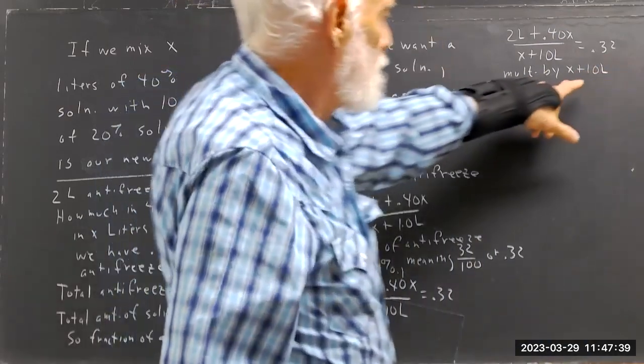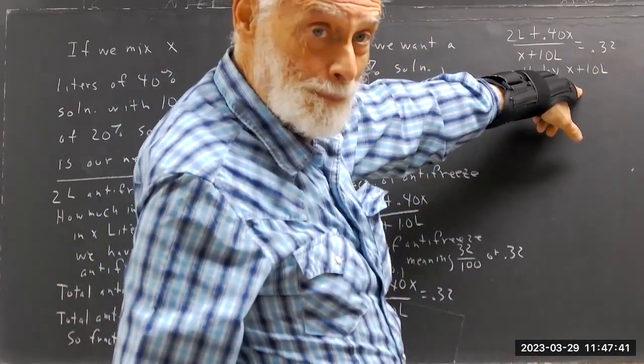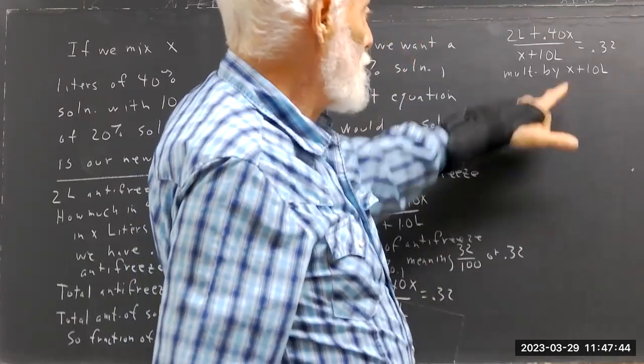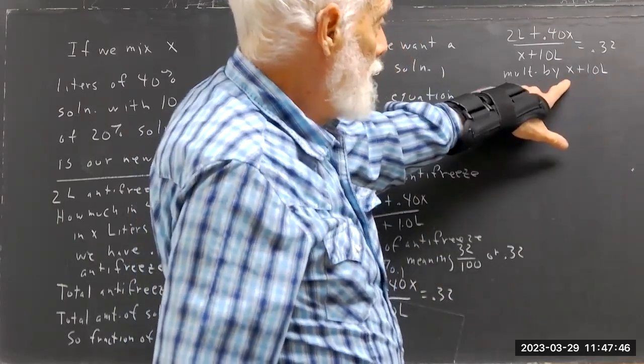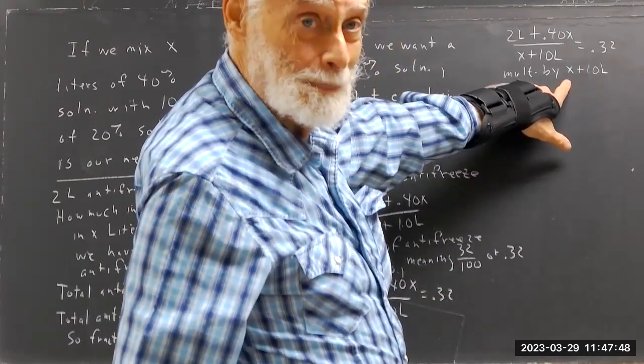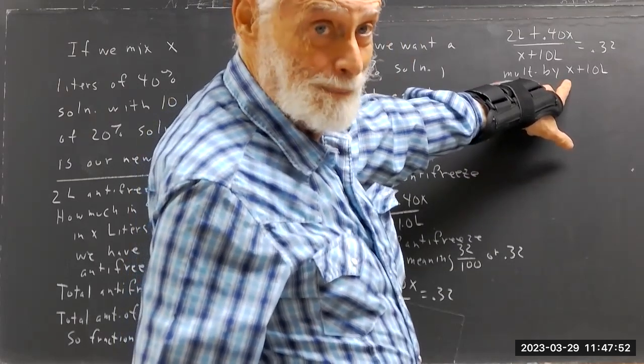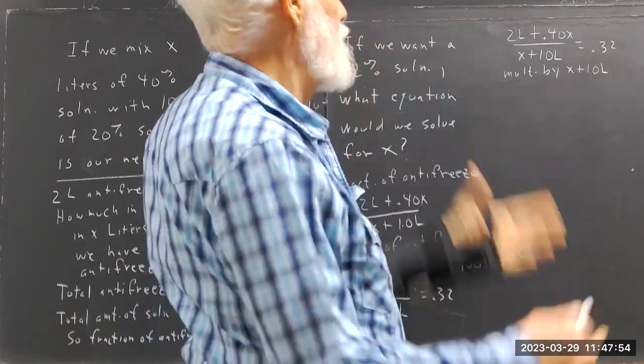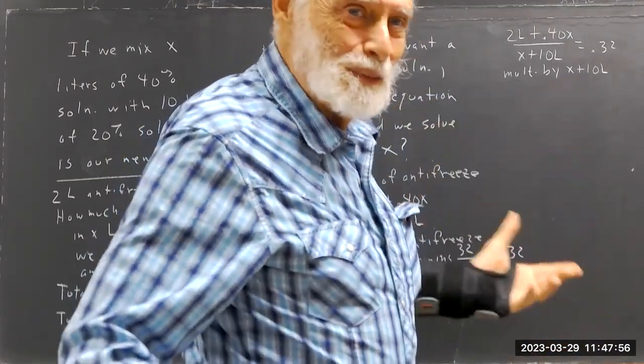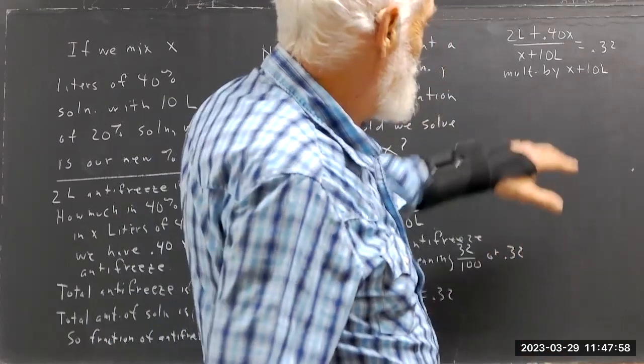Of course, we've got to be careful. We don't want to multiply by 0, but we don't really have to worry about that because for this to be 0, X would have to be negative 10 liters. And you can't add negative 10 liters. Actually, you could. You'd take 10 liters away, then you'd have no solution at all. So it wouldn't be a solution, okay?